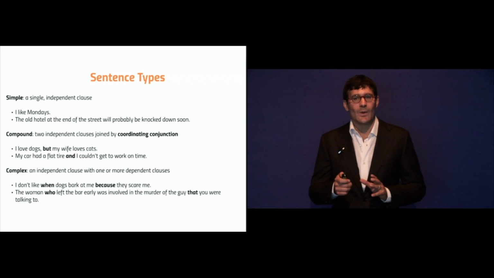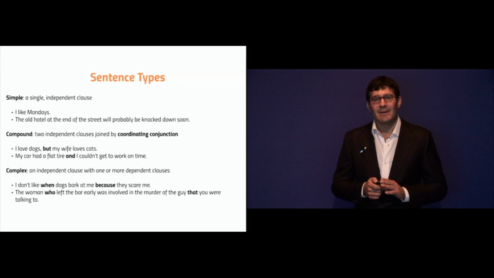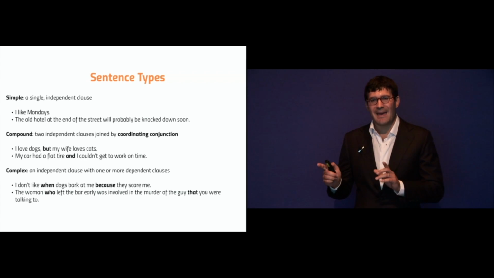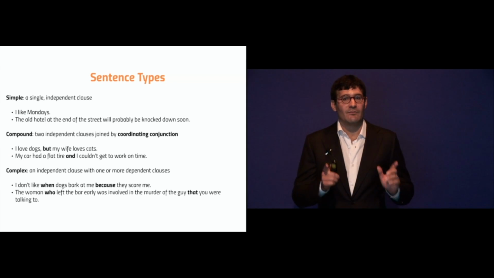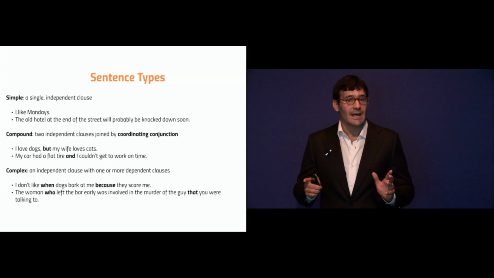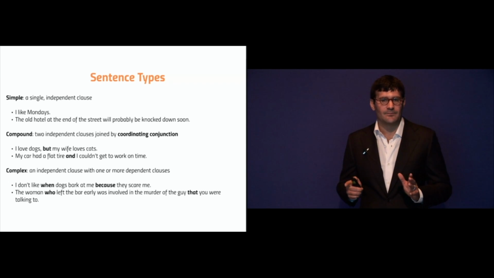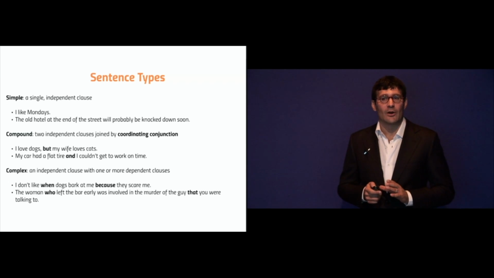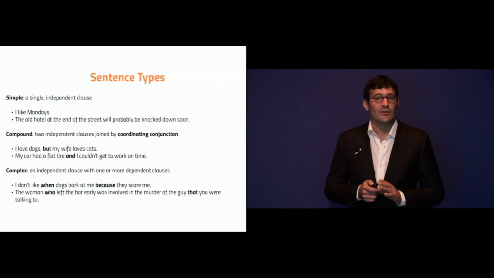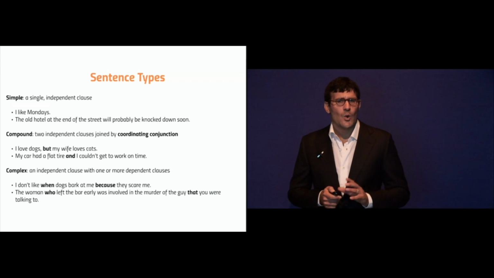And it's these words, when and because, that signal a dependent clause because they signal some type of dependency on what goes beforehand. Namely, what don't you like? When dogs bark at me. Why not? Because they scare me. The woman who left the bar early was involved in the murder of the guy that you were talking to. Which woman?